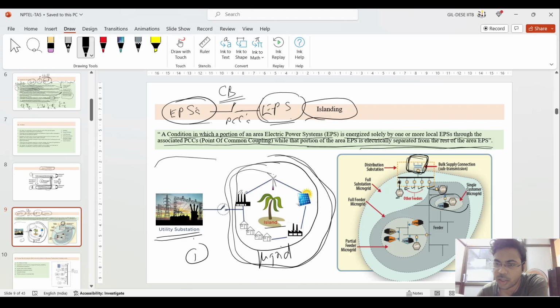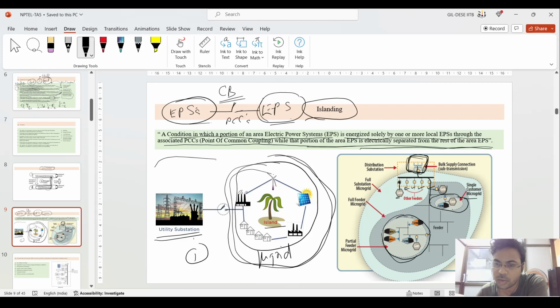Second, in the second feeder, there is a single customer microgrid. Single customer microgrid means this customer can generate electricity at their own premises and consume it, and can also transfer this power to the grid through the tie line and then the feeder substation.